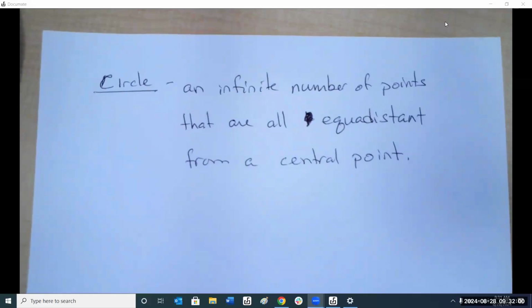An infinite number of points that are all equidistant from a central point.